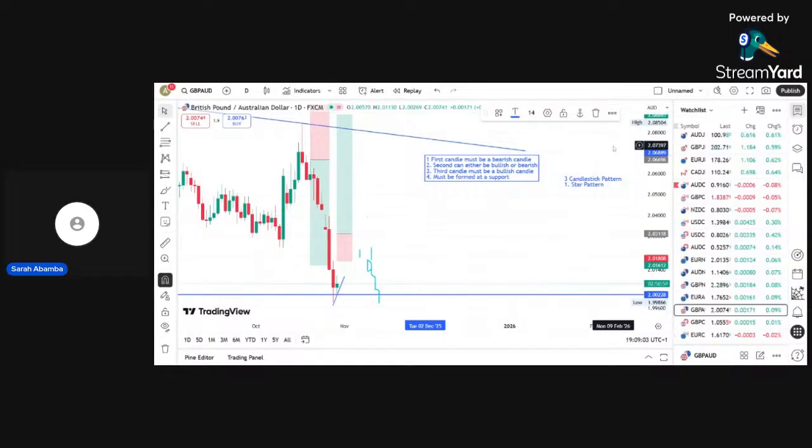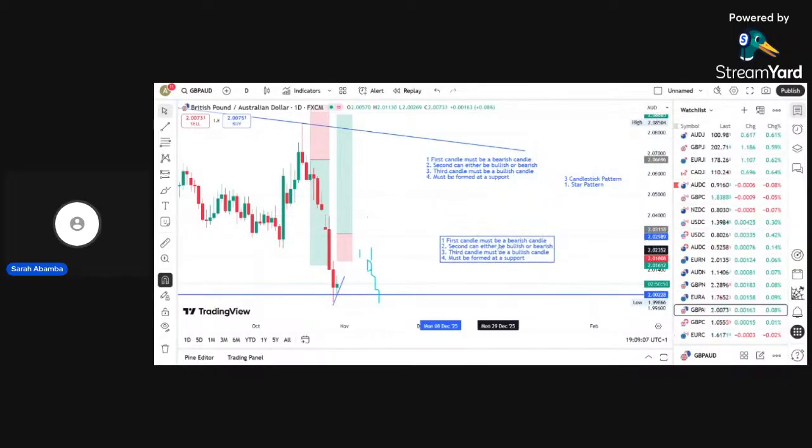Okay, let's do it this way. Let's just take the conditions for the bearish star pattern. For the bearish star pattern, your first candle must be a bullish candle. Second candle can either be bullish or bearish, and the last candle must be a bearish candle.